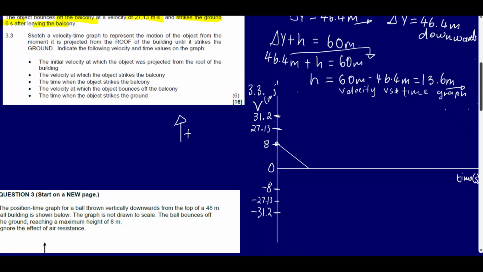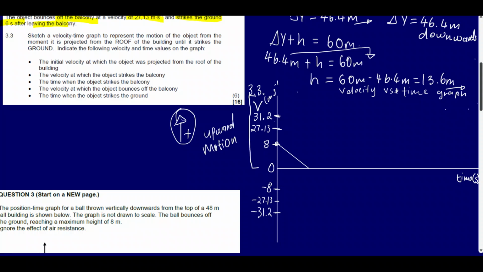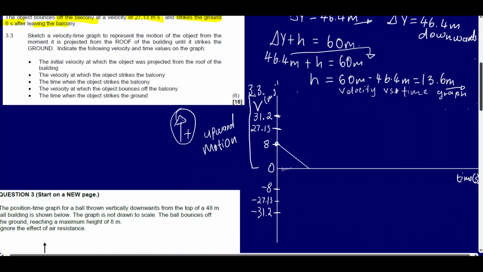So that's the first thing we've drawn, and this shows the upward motion. If we're taking up as positive, then the upward motion must be indicated above this point, so all the upward motions are going to be indicated by the lines drawn above. We can see that as the time increases here, the velocity does what?